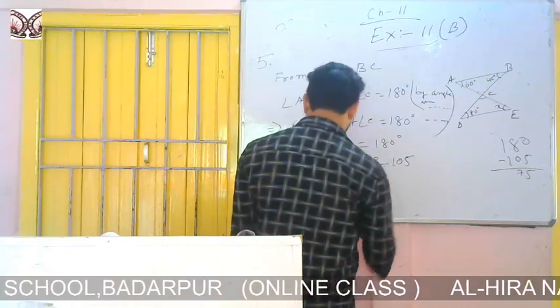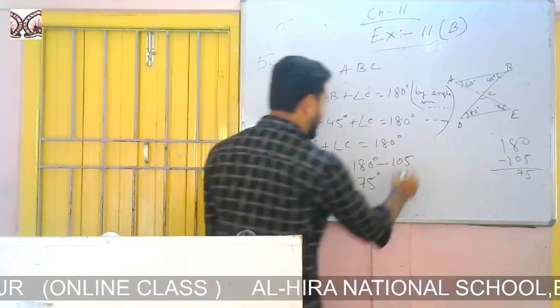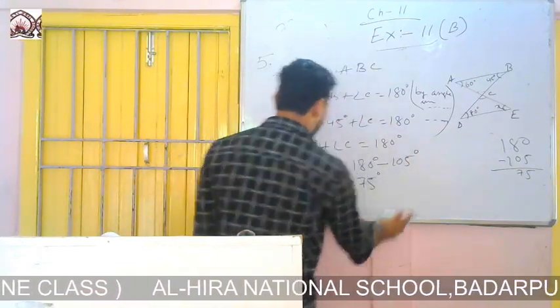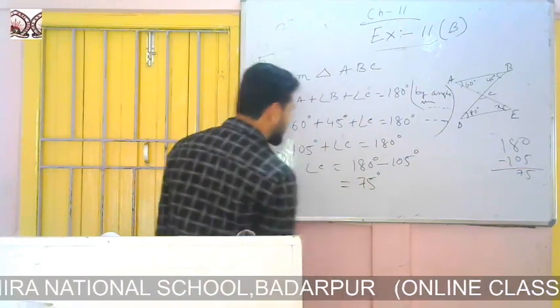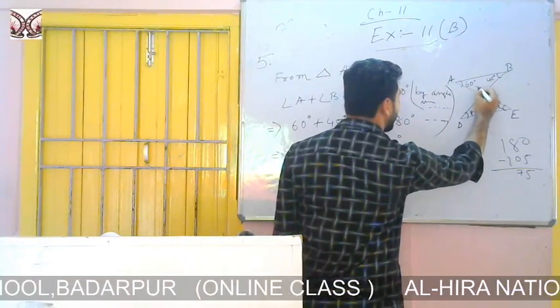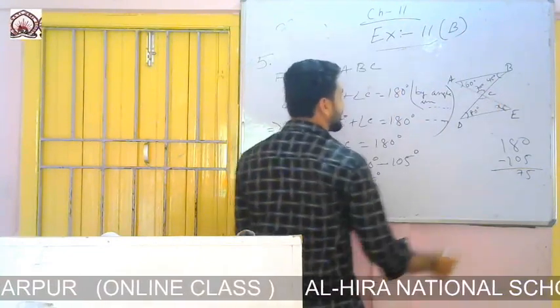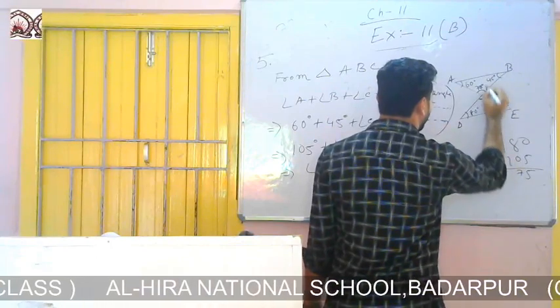Okay. So the measure of angle C equals to what? 75 degree, and that means the measure of this angle is what? 75 degree. So obviously this angle will be what? 75 degree.